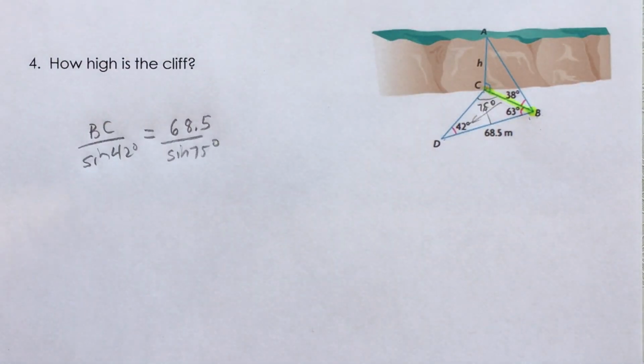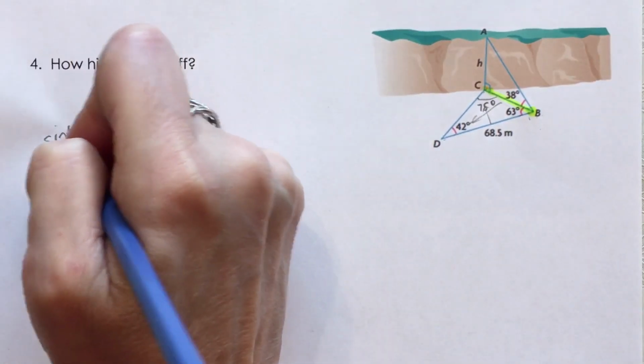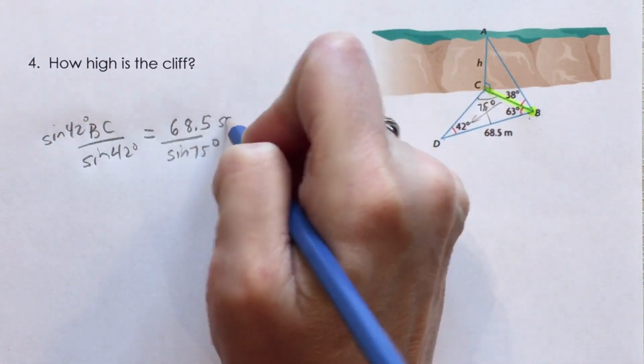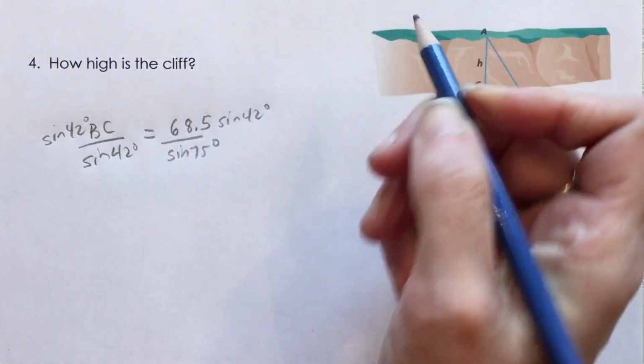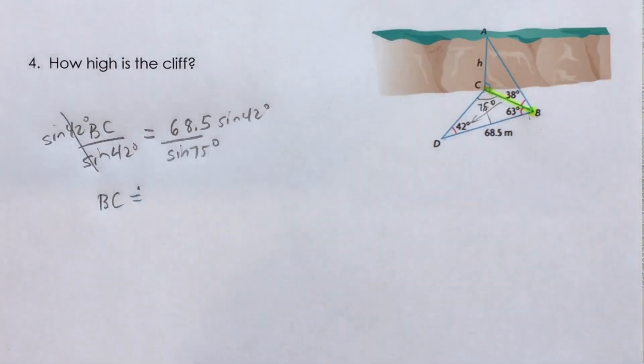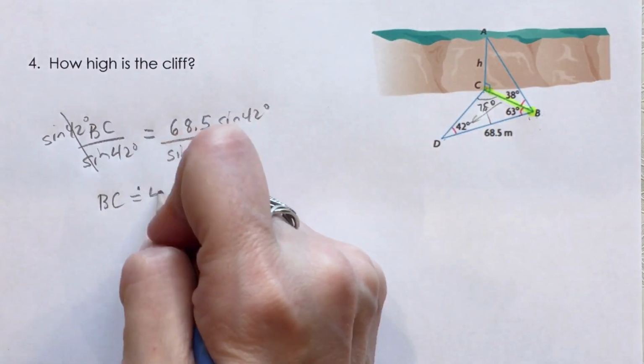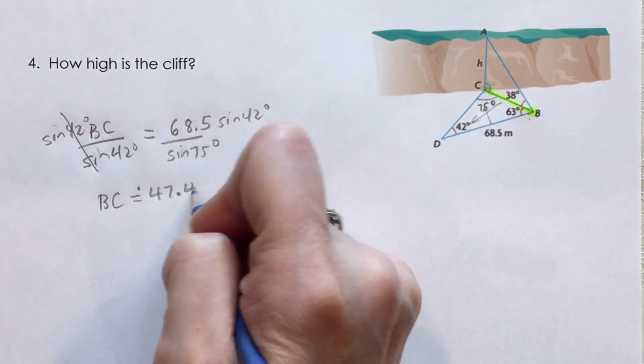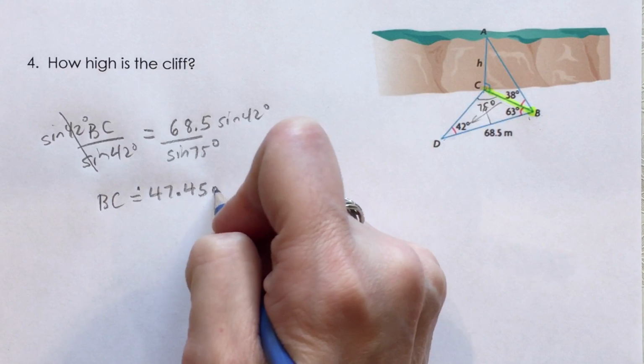Then we want to solve for BC by multiplying both sides by the sine of 42 degrees. And we get that BC is approximately, so I'm doing 68.5 times the sine of 42 degrees divided by the sine of 75 degrees. And you get 47.45. It's not our final answer, so we can keep that extra decimal place, meters.